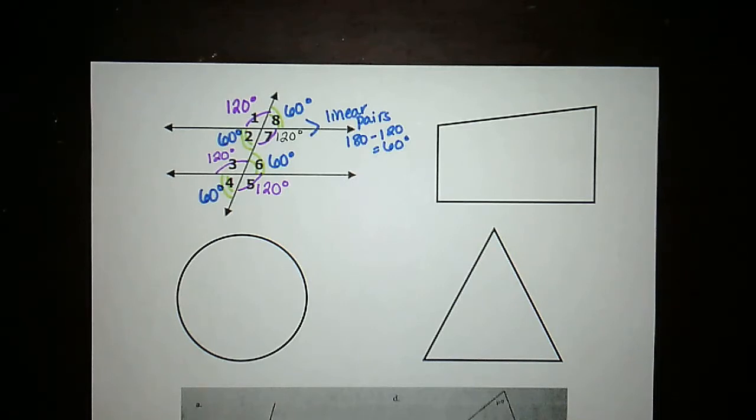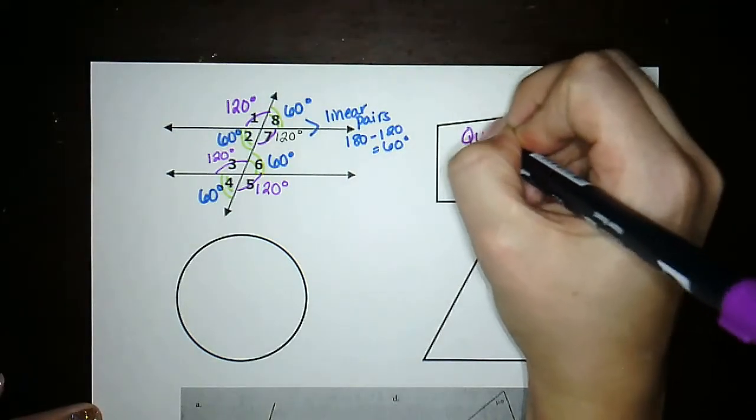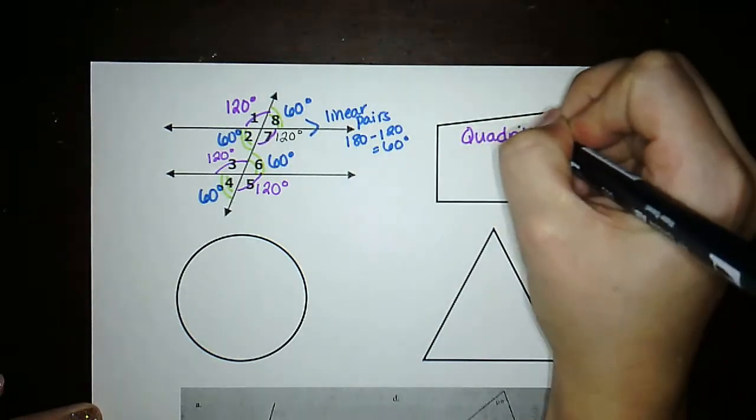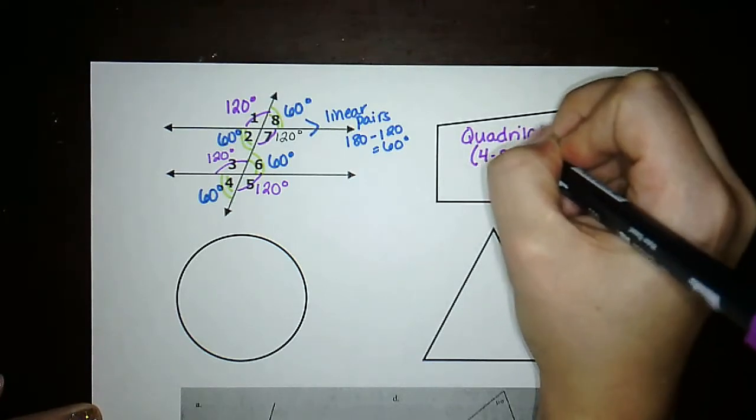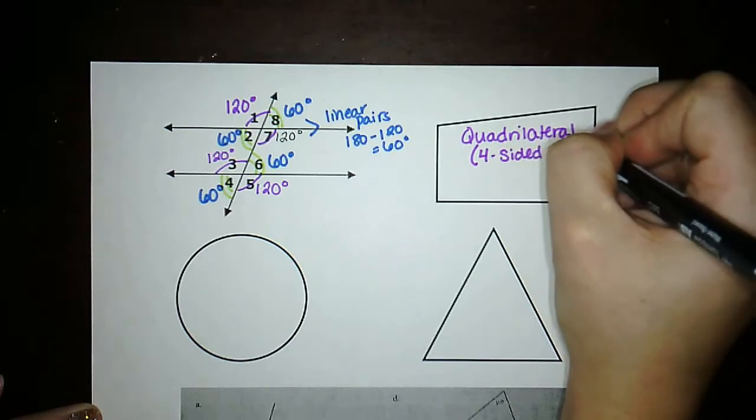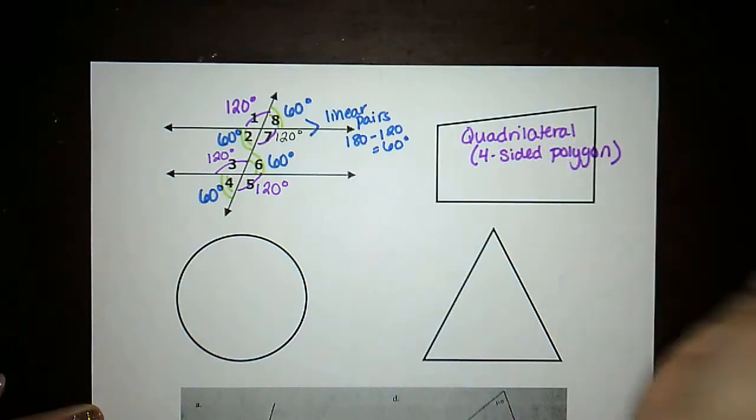A couple other things we want to talk about that are going to come up in our drills that we're just about to start is some figures. So this figure is called a quadrilateral. It's a 4-sided figure or 4-sided polygon.